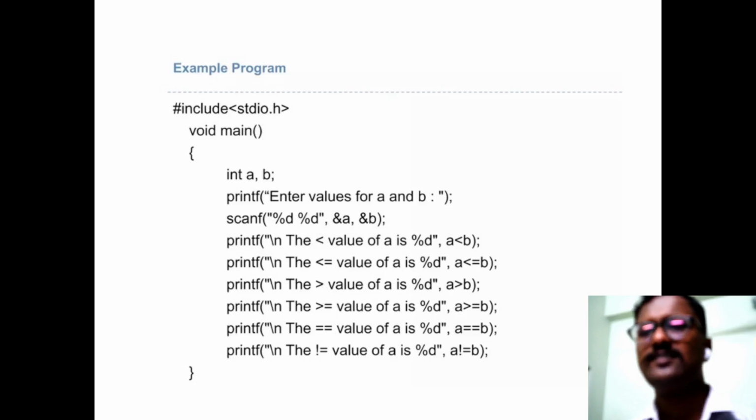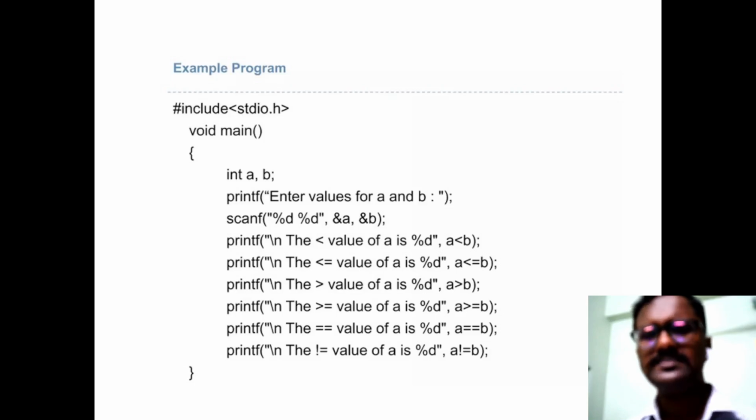These are the operations. Sorry, a is lesser than b here. Sorry for the confusion. This line prints the result of the logical expression a is lesser than b and a is not equal to b.